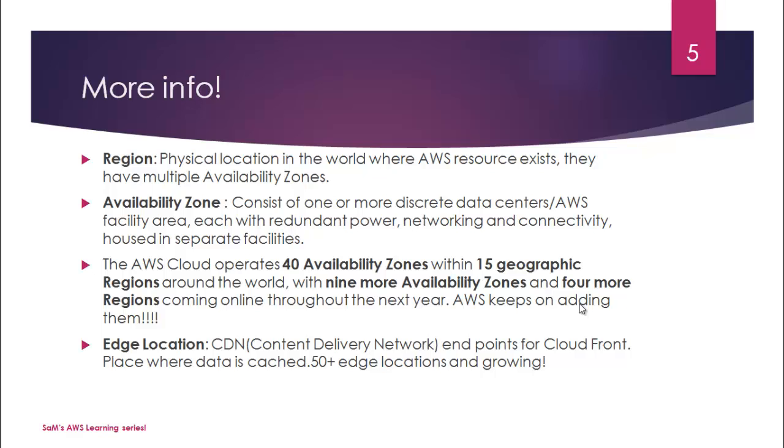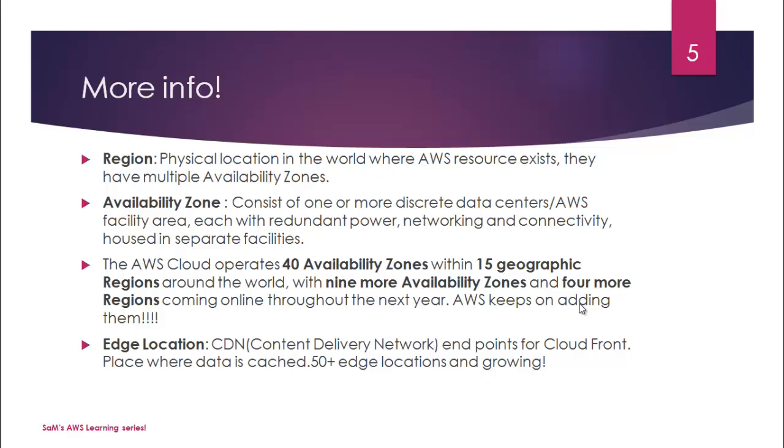It can be a single data center. It can be a grouping of more than one data center with its own unique networking, connectivity, and so on. So when we talk about availability zone, I want you to think of it as a data center or dedicated data centers.